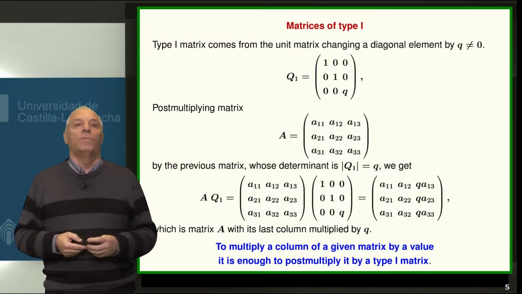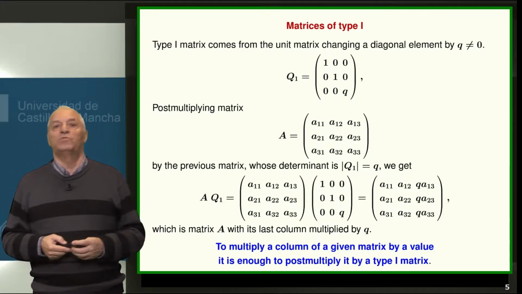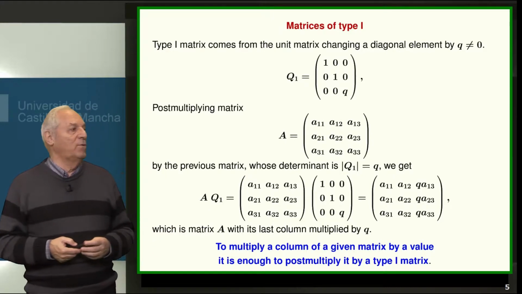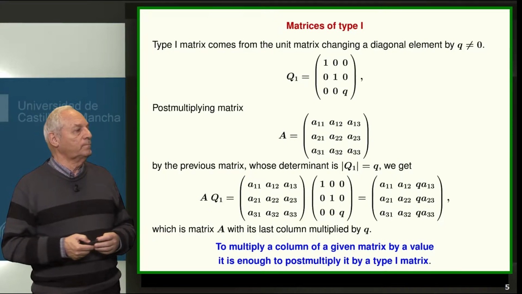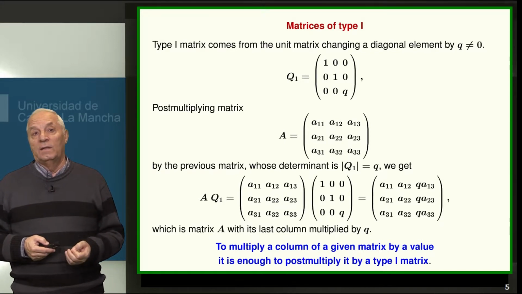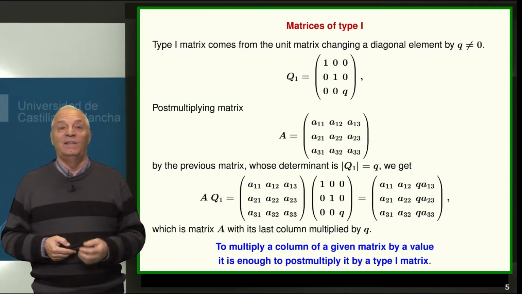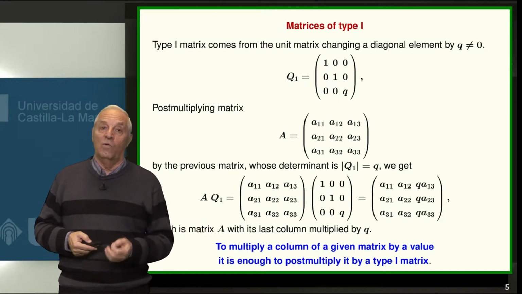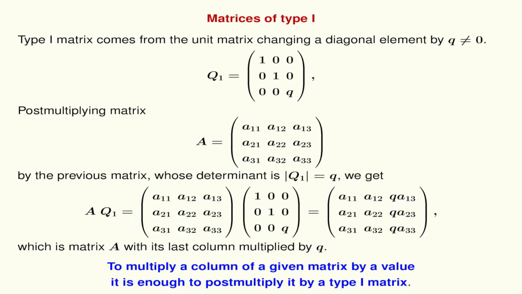If it were the second, it would be the second, and if it were the first, it would be the first column. So, a way to multiply a column of a matrix by a factor is to post-multiply this matrix by a type 1 matrix. To finish this, we will say that the determinant of this matrix is Q, that is, the value that we have changed in the unit matrix.